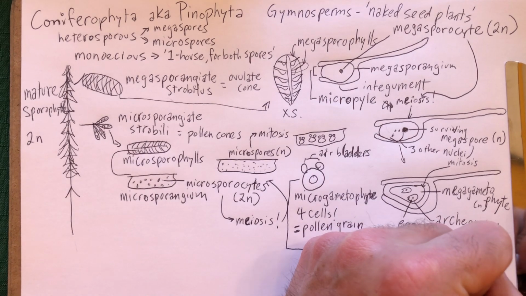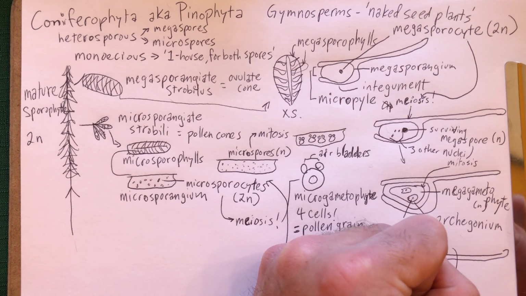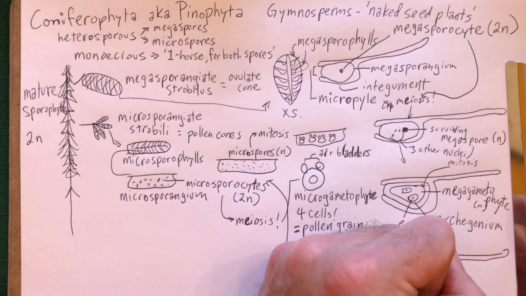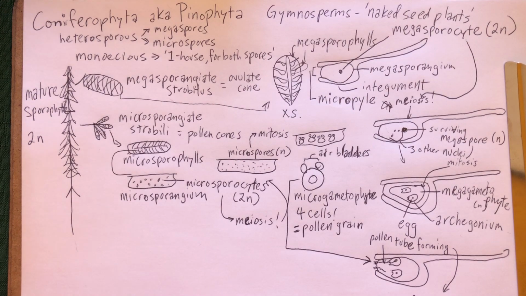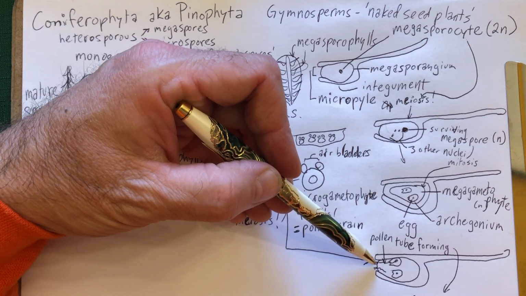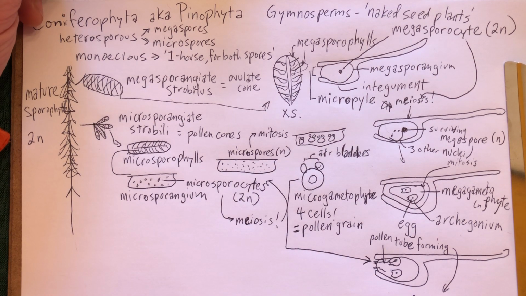fertilization, or the start of our next sporophyte generation, right? Because we've got syngamy, fusion of 2 haploid cells to form one diploid cell. Now notice the way I've drawn it here. There's several pollen grains, several archegonia, and inside one of these seeds, only one archegonium is going to get fertilized by one sperm, which is going to grow into one embryo.